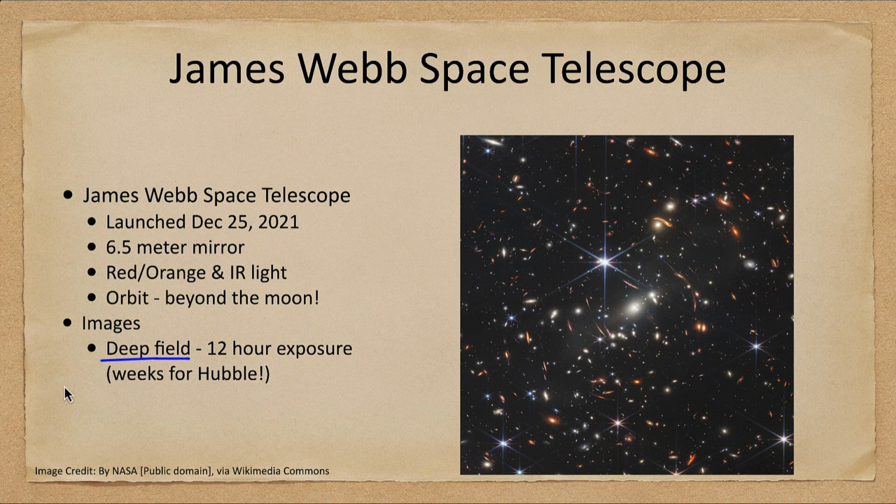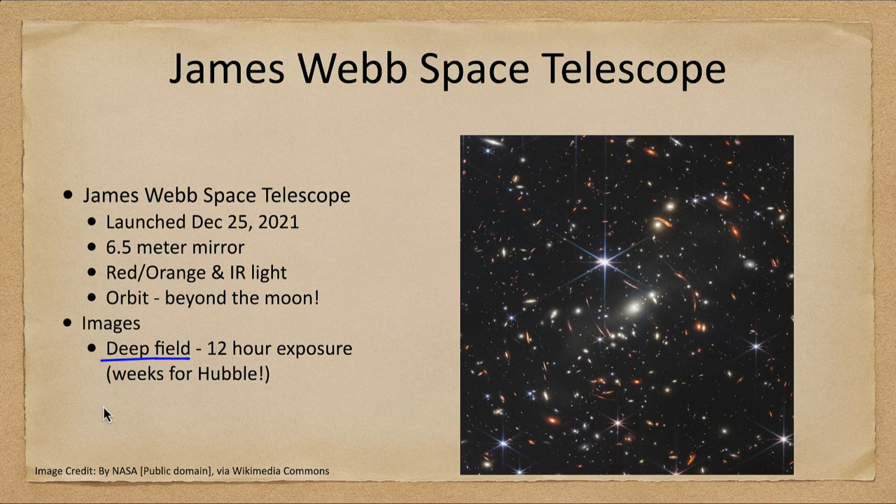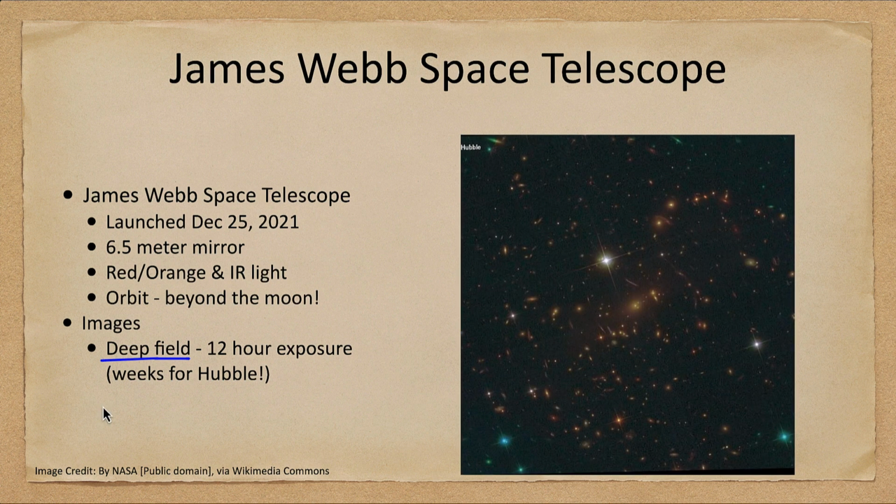Now, the same field was imaged by the Hubble telescope, which took weeks, and we had this image. If you compare, the Hubble image was amazing when we got it, and you can see the difference in the diffraction patterns there. But the Webb Space Telescope is showing far more detail and far more objects than Hubble was able to see.